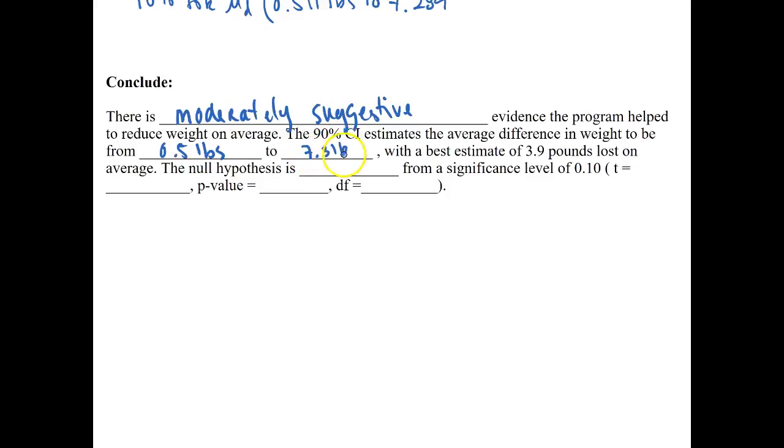And I rounded a little bit here, with a best guess or estimate of 3.9 pounds lost on average. The null hypothesis is then rejected at a significance level of 0.10, where our t test statistic value was 2.32 with a p-value between 0.025 and 0.05 with degrees of freedom equal to 5. And that's how we can do a matched pairs t procedure.